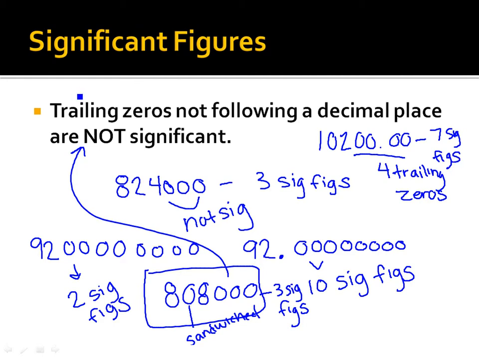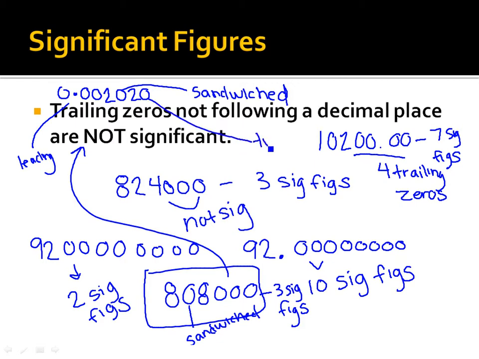We'll actually do one more example. We have 3 types of zeros here. We've got our leading zeros, we've got a sandwich 0, and then we have a trailing zero.